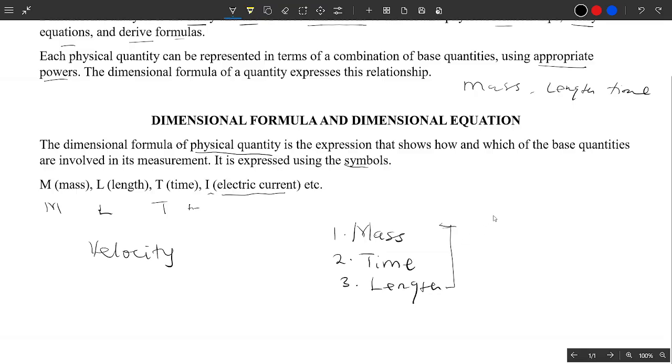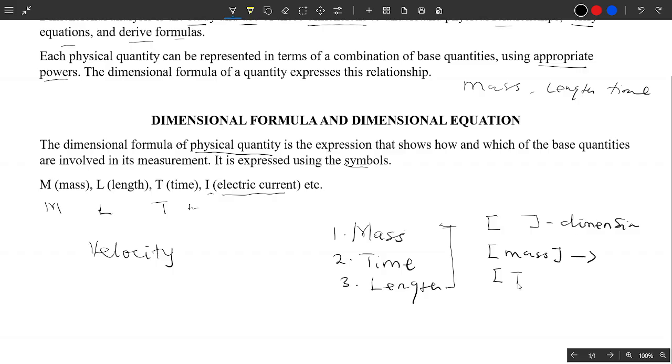All right. Basically, we use this to represent the dimension of a physical quantity, right? So when I write this mass, this means that the dimension of what? Mass.